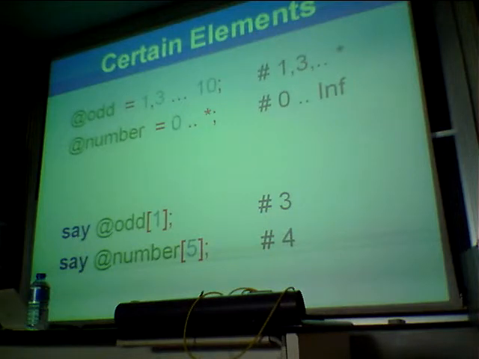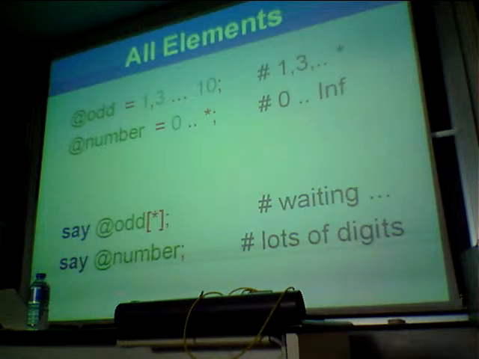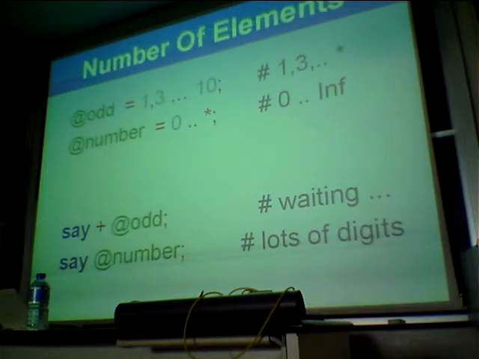So you still have no problem with this infinite list. Just when you say, give me the whole list, then you start to get a problem. Lots of waiting, or if you want to print it, you get lots of numbers and can't wait. Or of course, if you want the length of the array, you also need some patience.